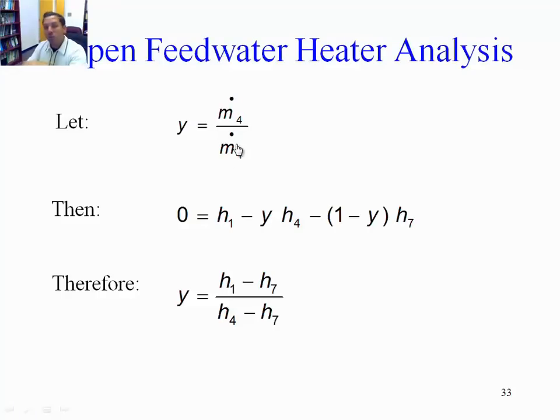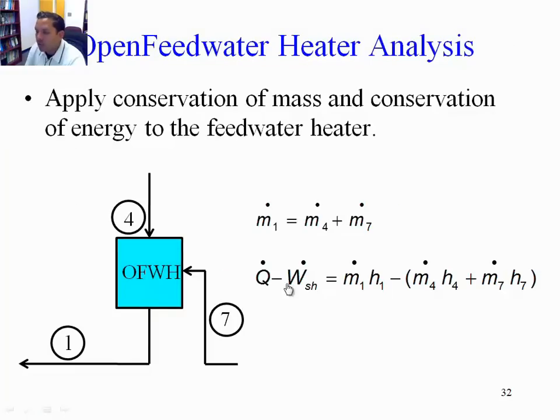M1 is the total mass flow rate that goes through the system, which is what goes through the pump and the boiler. And if we use that definition of Y, and the first law of thermo applied to the open feed water heater, knowing that Q is equal to 0 and W is equal to 0, and we divide everything by M1, we get M1 over M1 is equal to 1.